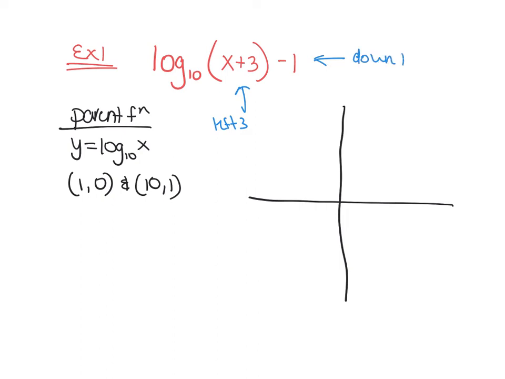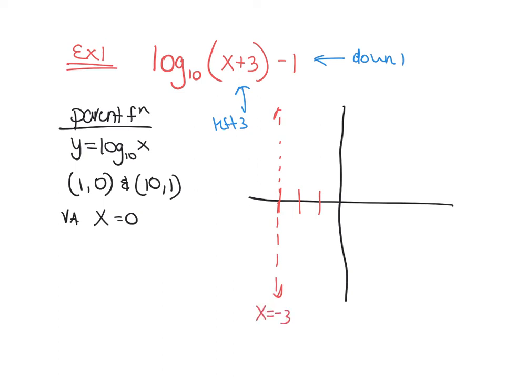The other piece on your parent function is your vertical asymptote, x equals 0, because shifting left will affect that. So we can even start with that. Our vertical asymptote starts at x equals 0, which is your y-axis. We need to shift that 3 to the left. So that's your new vertical asymptote.